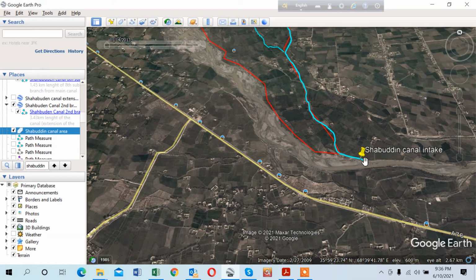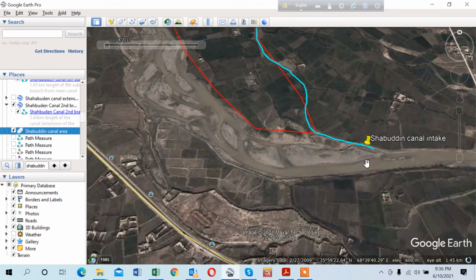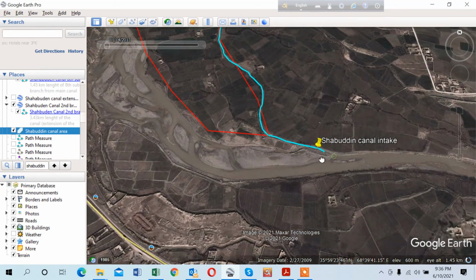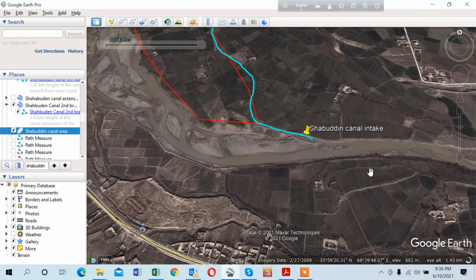There is also another point when you plan any irrigation canal or any irrigation intake: you should study the area very nicely. What about the flooding situation of the intake?